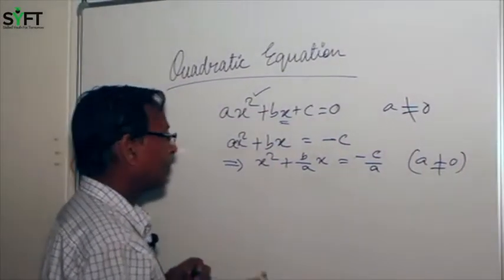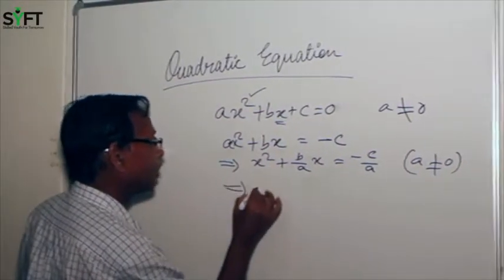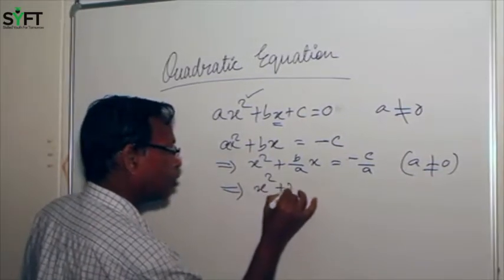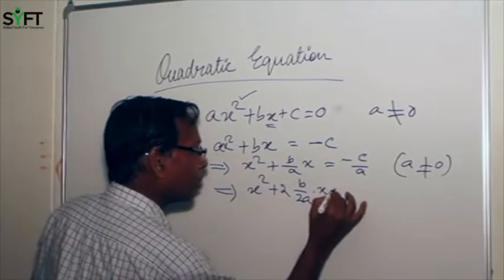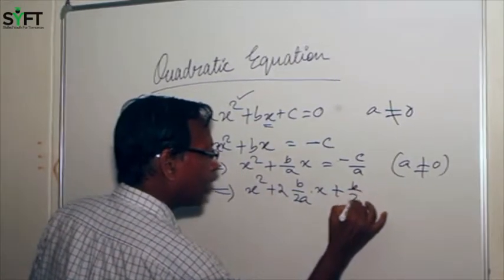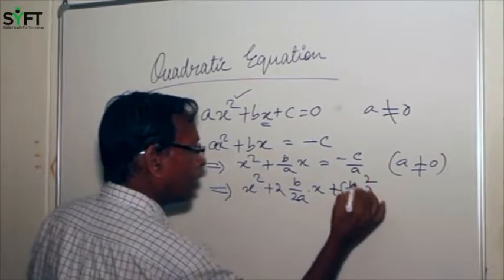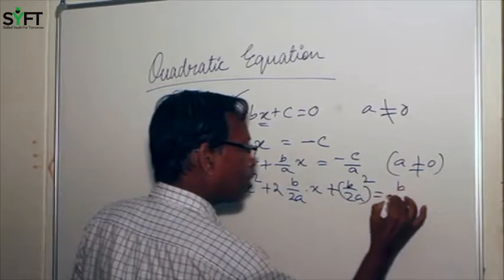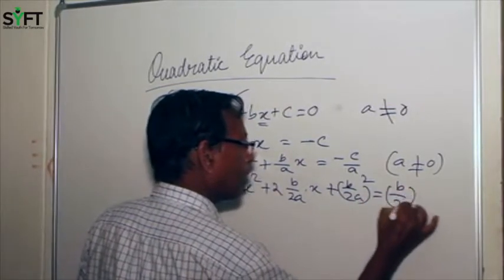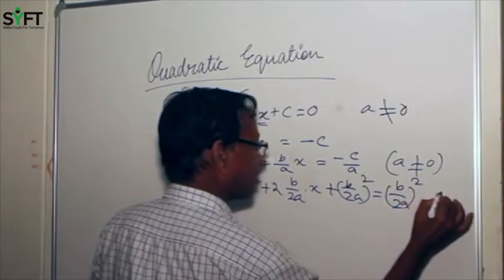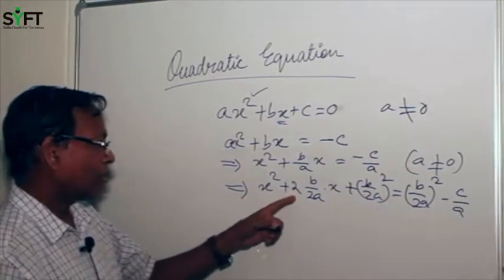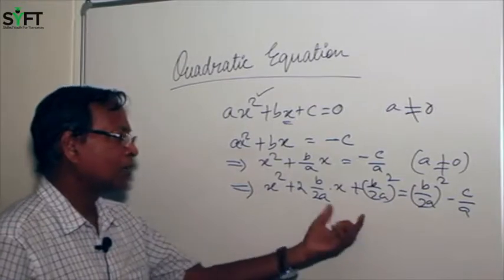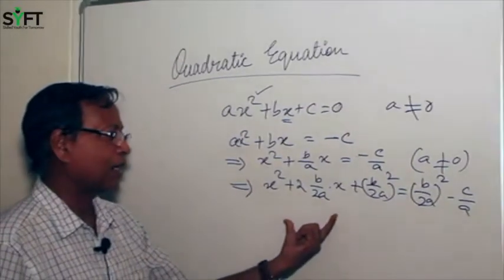So we can divide. We can write also here x square plus 2 into b by 2a into x plus b by 2a square is equal to b by 2a square minus c by a. Why? This we are trying to put in a square form on the left side.